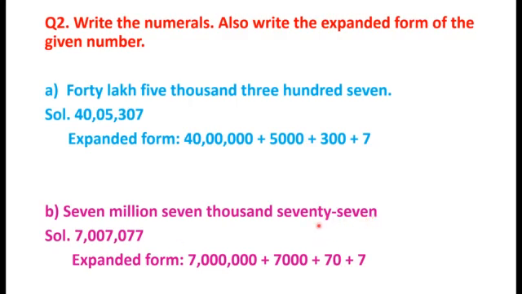The ones period has 3 places, so we write 077. The number is 7,007,077. The expanded form of this is 7 million plus 7,000 plus 70 plus 7, and when we add all this, we get 7,007,077.